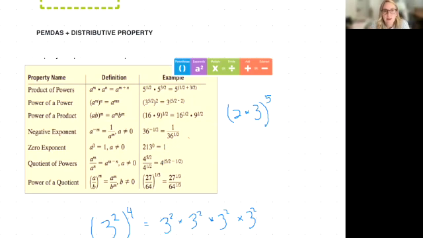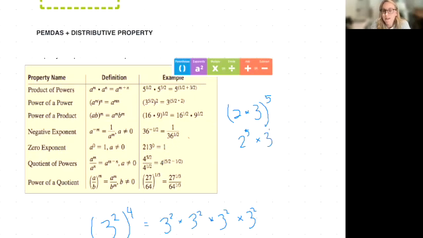So the A and the B are telling you that you have 2 different bases. And the M is telling you that you have this same exponent. So they put the M on the A and the M on the B. So I'm going to do the same thing. I'm going to distribute that exponent in. So I'm going to end up with 2 to the power of 5 times 3 to the power of 5.